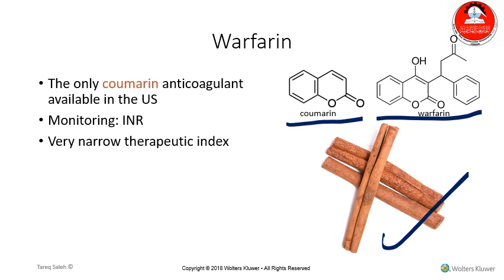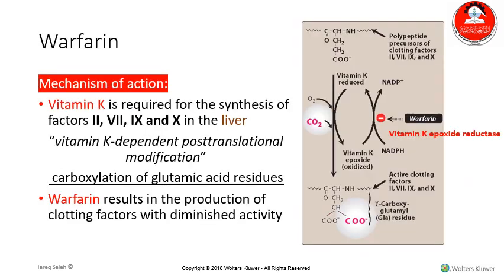Note here that warfarin requires strict monitoring of bleeding time, and all patients who are on warfarin therapy will require periodic testing for INR. As you might know from your physiology, INR.